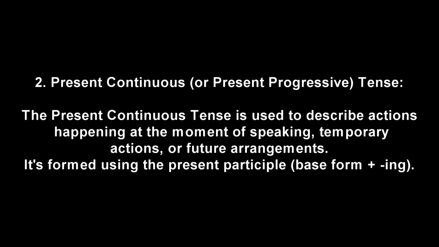The present continuous tense is used to describe actions happening at the moment of speaking, temporary actions, or future arrangements. It's formed using the present participle, base form plus ing. Structure.